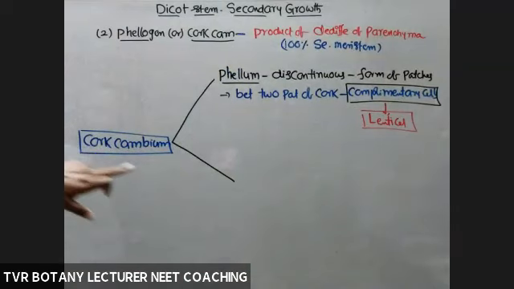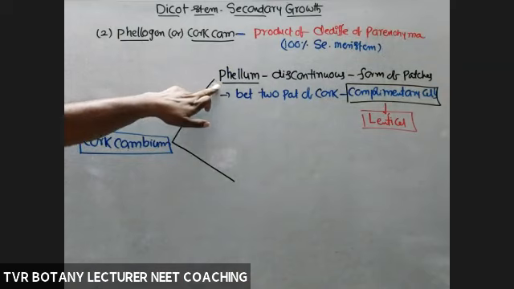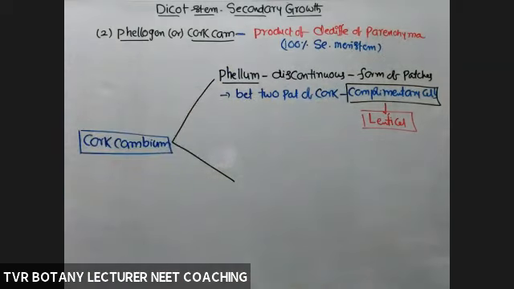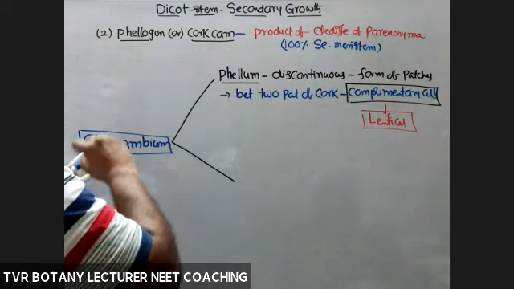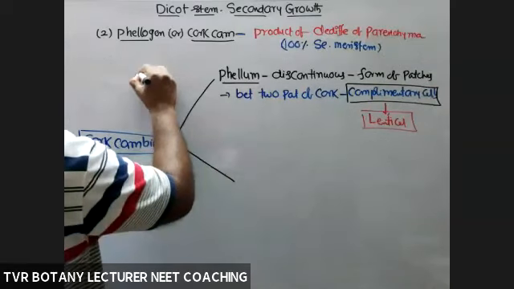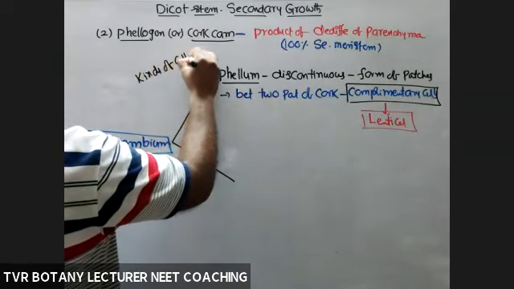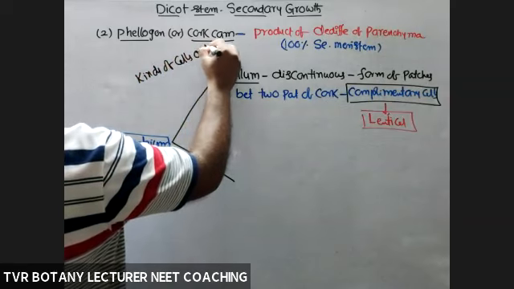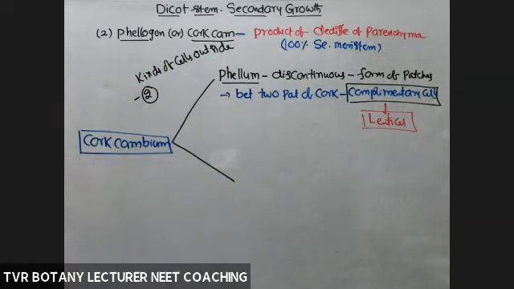So cork cambium is producing phellem and complementary cells towards the outside. How many kinds of cells towards the outside? Two kinds. What are they?